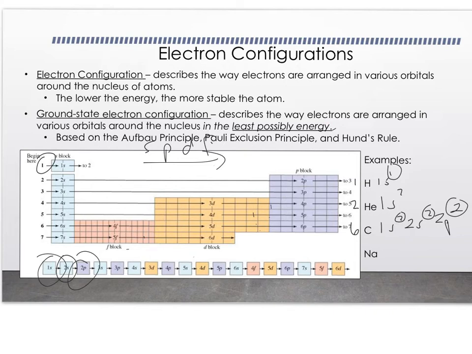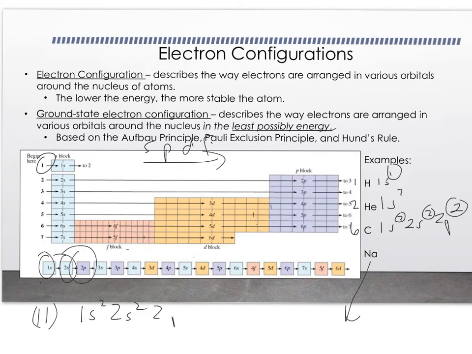Sodium is a little bit longer, so I'm going to write sodium down here at the bottom. Sodium is element number 11, so I first start with the 1s orbital. That's the atomic number, 11. I fill up my 1s orbital with 2 electrons. Then I fill up my 2s orbital with 2 electrons.